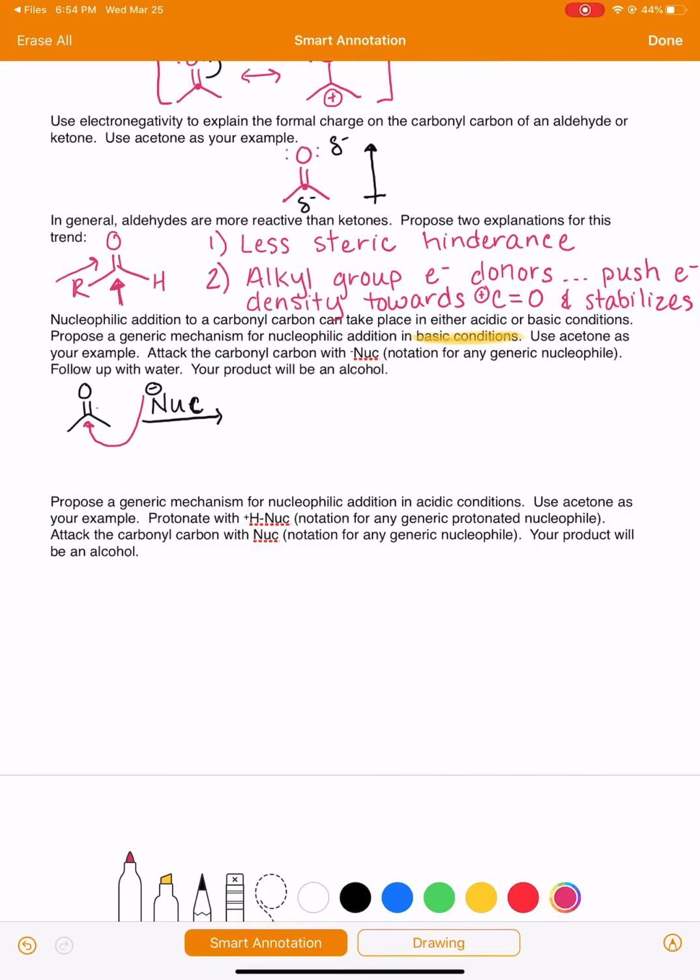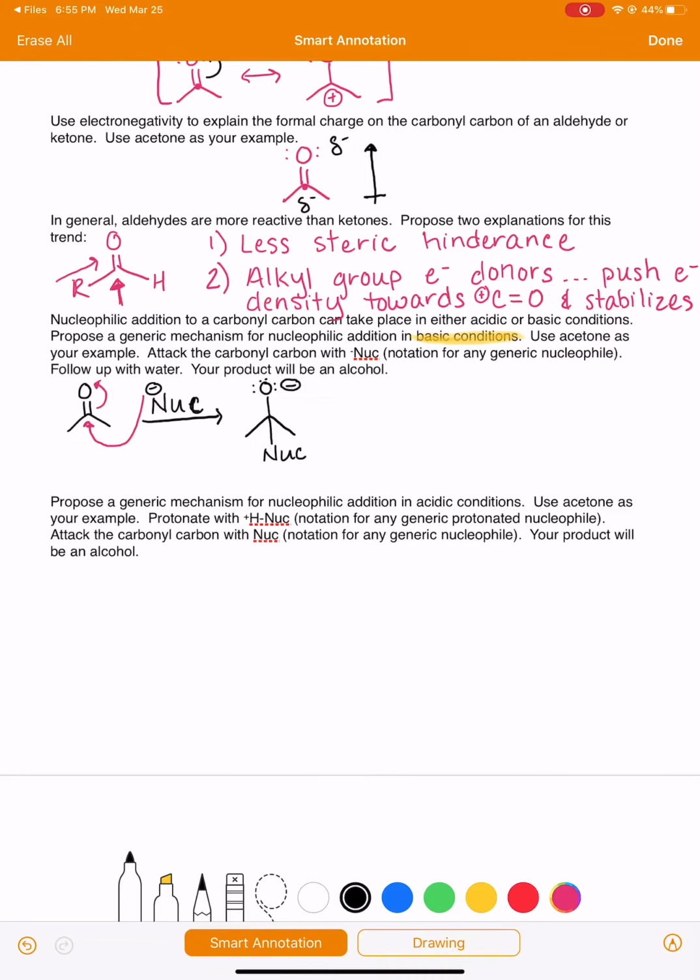And when it does attack it, it's going to pop open the carbon-oxygen double bond. So we are going to get a carbon-oxygen single bond, an extra lone pair of electrons up on the oxygen, which means it's going to have a negative formal charge. And we have attacked and formed a bond from the nucleophile to the carbonyl carbon.